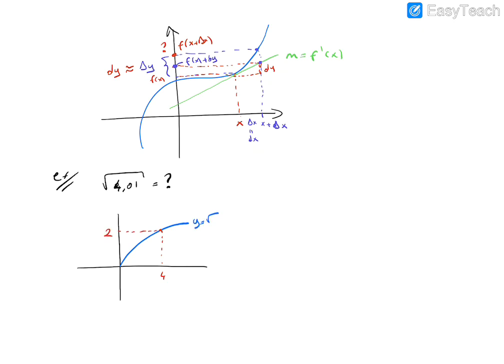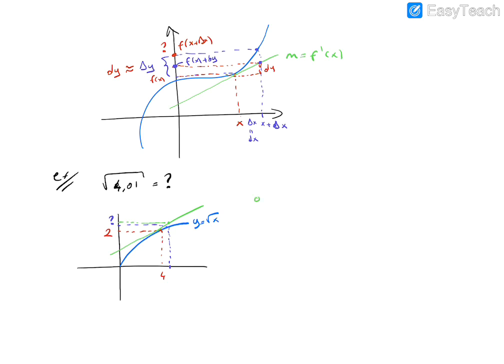Okay, y equals the square root of x function. My aim is to find that value, the square root of 4.01. Okay, but I don't know what this value is. So by using this tangent line, approximately we can calculate these values easily, which are very close.